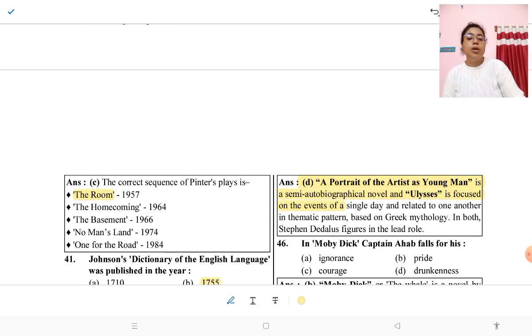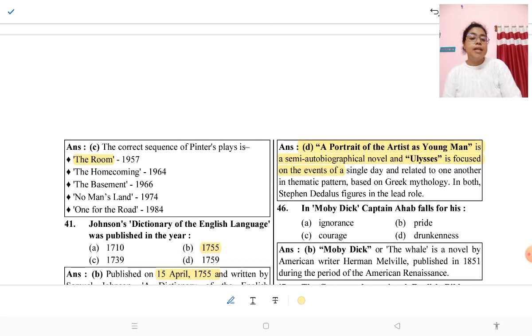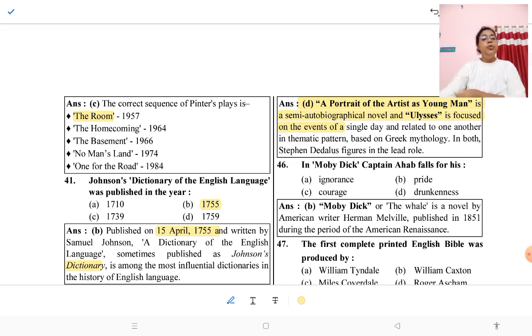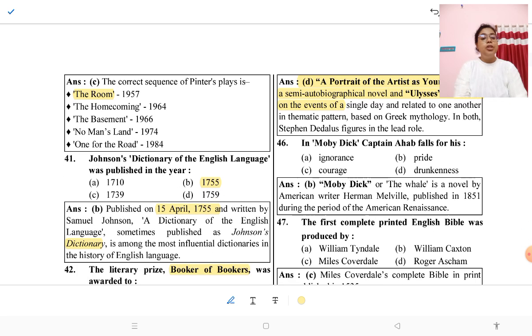Portrait of the Artist as a Young Man is a semi-autobiographical novel, and Ulysses is focused on the events of a single day related to another in a thematic pattern based on Greek mythology. In both, Stephen Dedalus figures in the lead role.